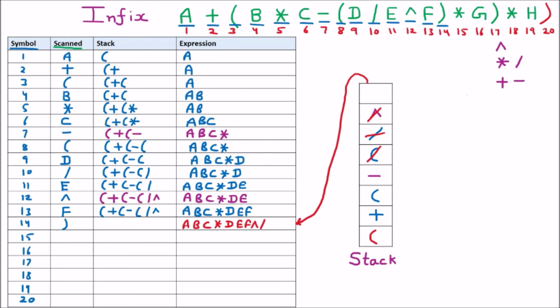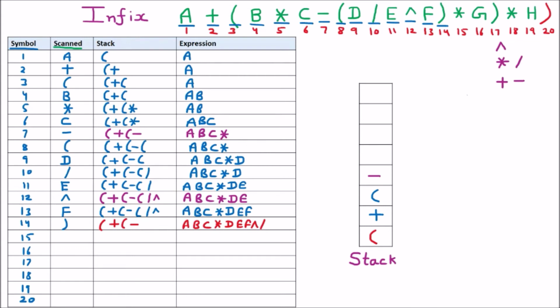Afterward the remaining elements are the part of the stack: starting bracket plus, starting bracket minus. This is the new entry, and afterward we are going to scan the next element. So the stack has remaining entries bracket plus bracket and minus.